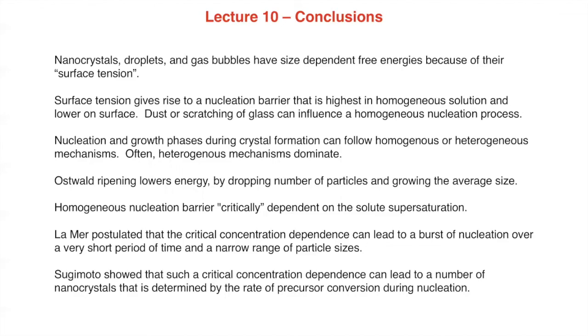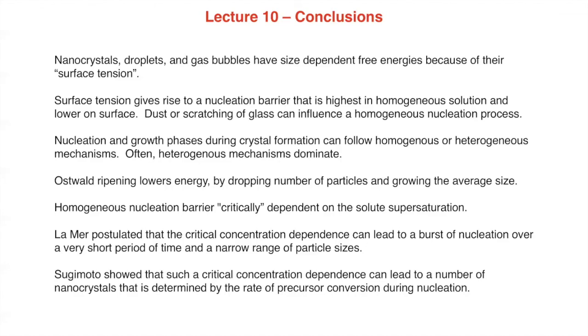Most crystallization processes in industry control the kinetics of nucleation by modifying the concentration of stuff in the pot on which crystals can nucleate, either by breaking up existing crystals or adding seeds or whatever.